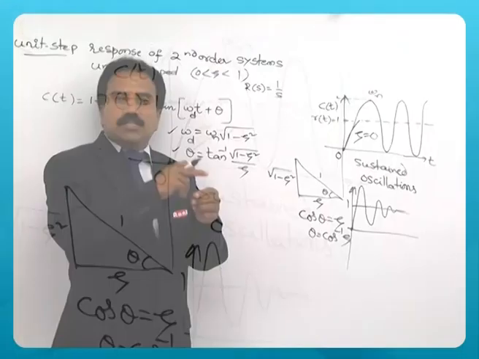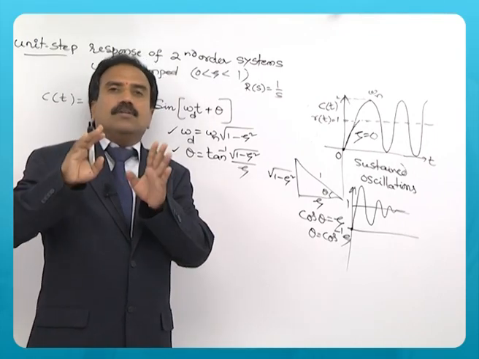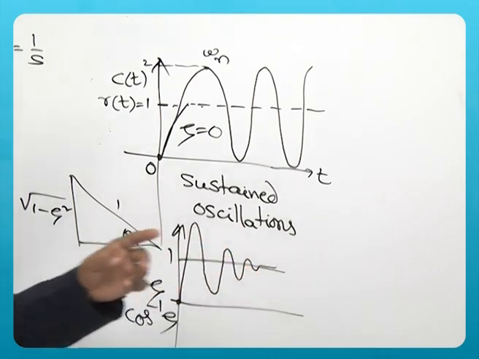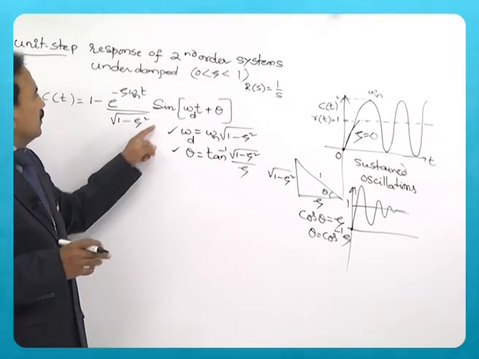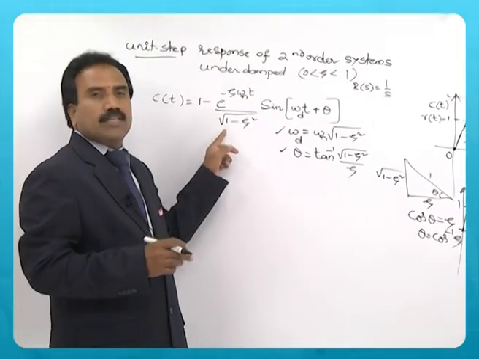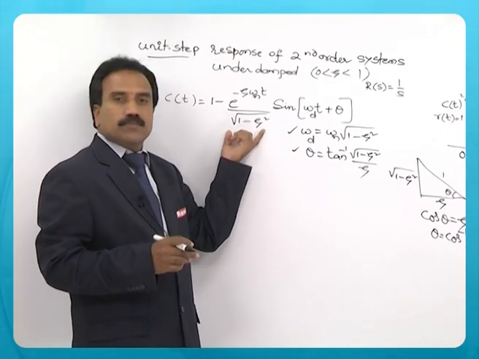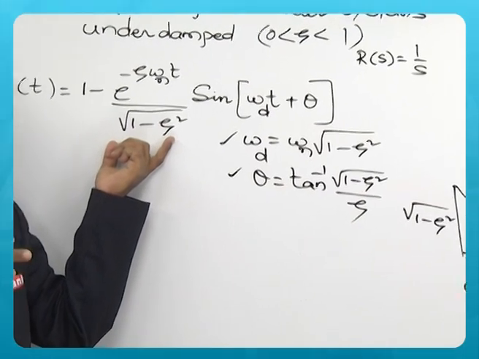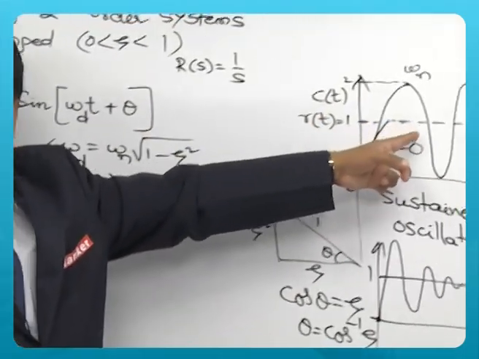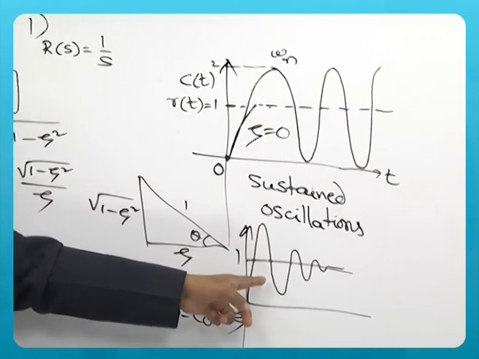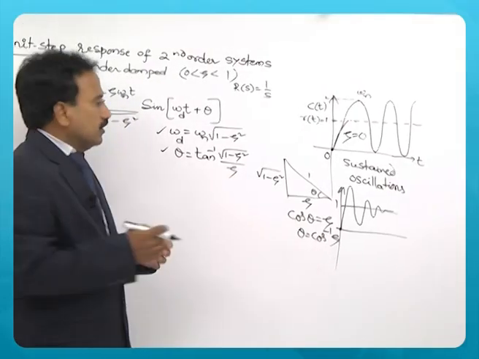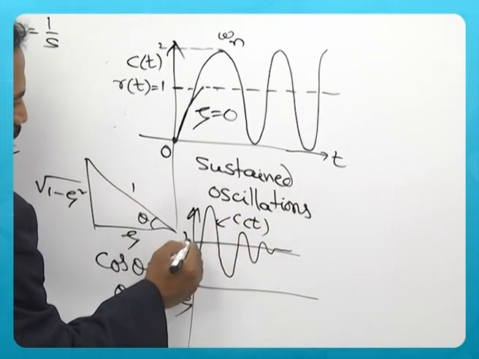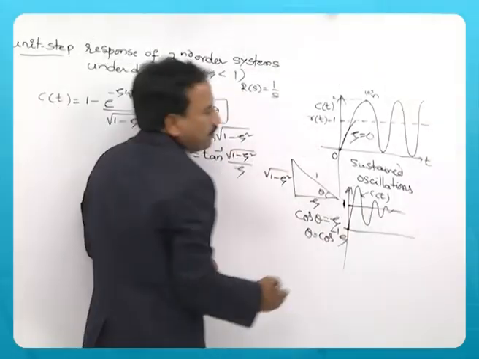This has sustained oscillations, amplitude remains constant, but here the amplitude is exponentially decaying because there is an exponential term involved in the response. So, it has damped oscillations. This is undamped oscillations and this is having damped oscillations. So, this is the response C of t for unit step input 1.